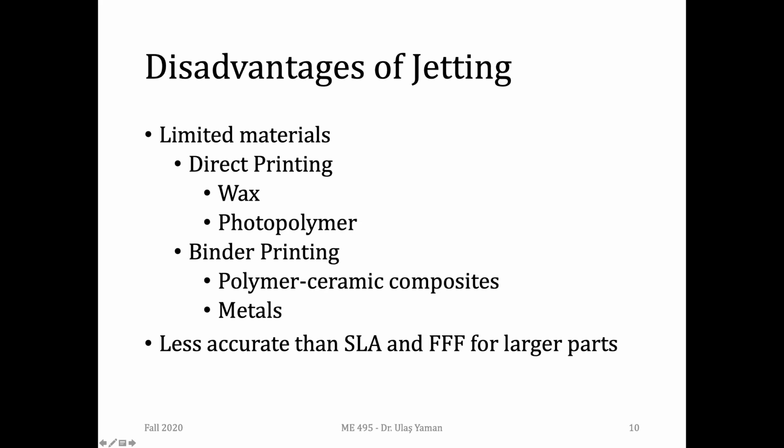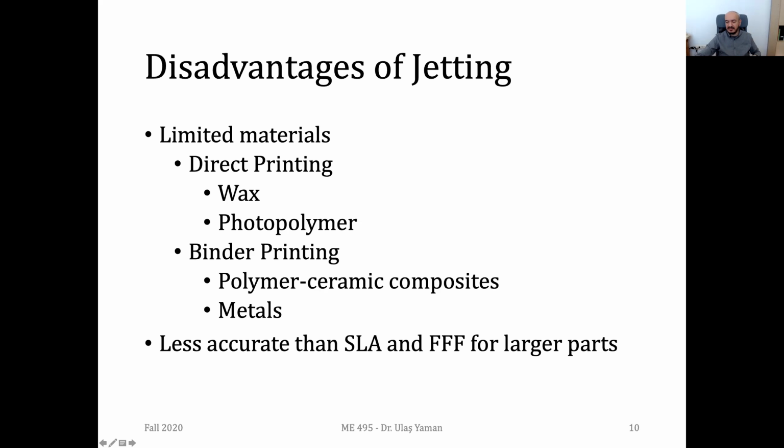If the build volume is larger, then you need to position your head properly. You cannot use a very large head passing just once and jetting all these agents on a layer. It needs to do it in a kind of zigzag way, and that will decrease the accuracy. If the table is small, then with a single pass it can cover the whole table. But if the table is a large one, it needs to pass at least 2 or 3 times.